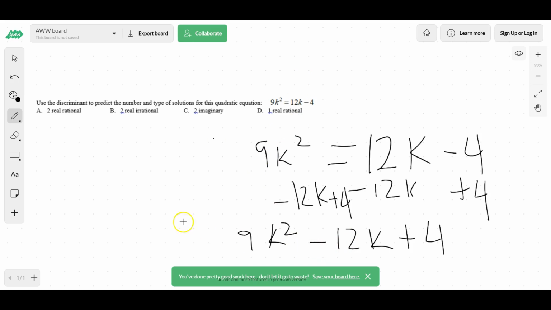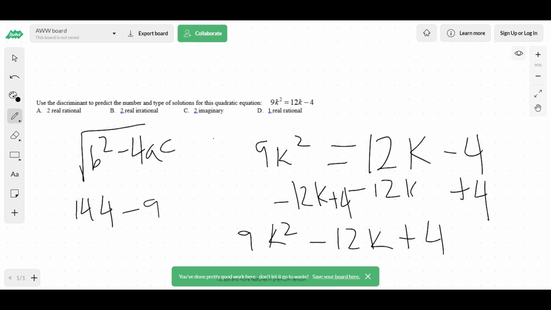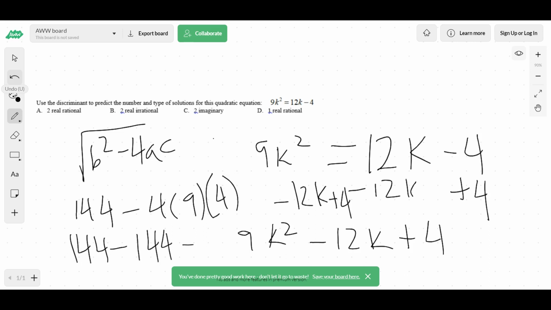How you would double check that is you would just look at the part underneath the square root of the quadratic formula, which is b squared minus 4ac. So in this case, that would be 144 minus 4 times 9 times 4, and if you do that, you get 144 minus 144, which is 0, so this does only cross once, or has one real solution.